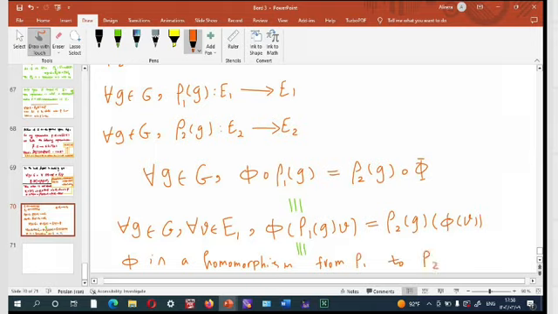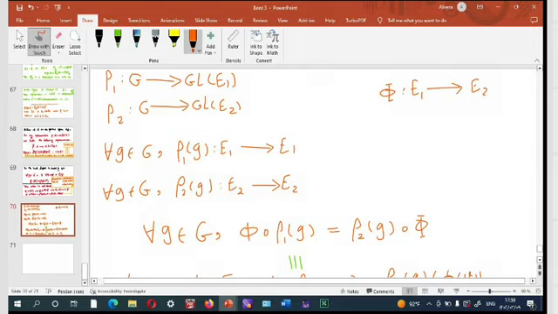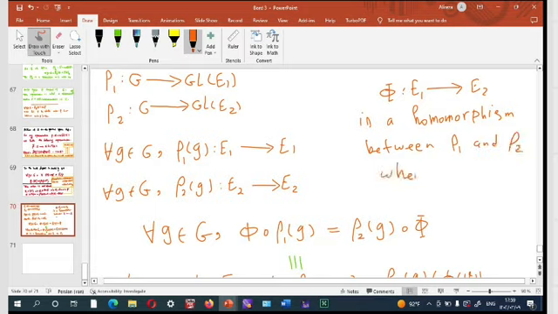This is a homomorphism between representations. Phi from E1 to E2 is a homomorphism between rho 1 and rho 2 whenever we have these equalities, okay?